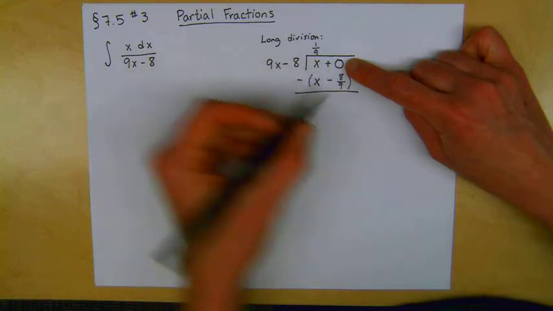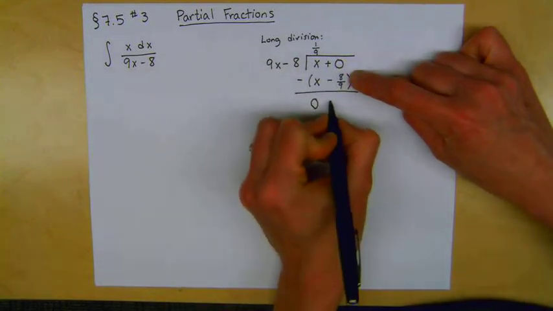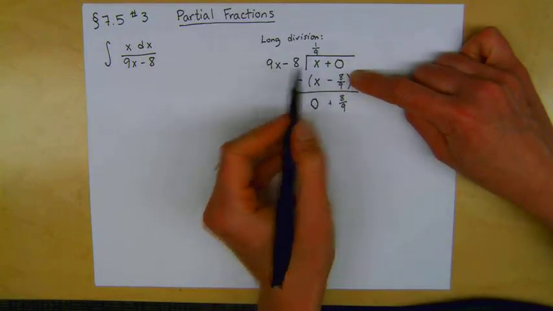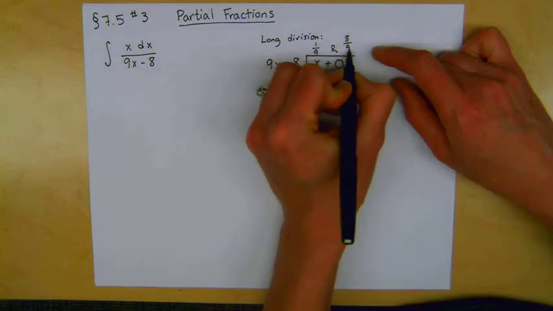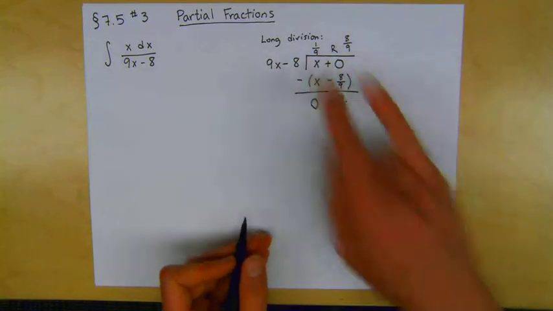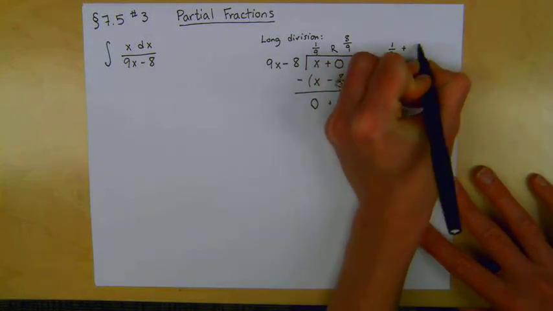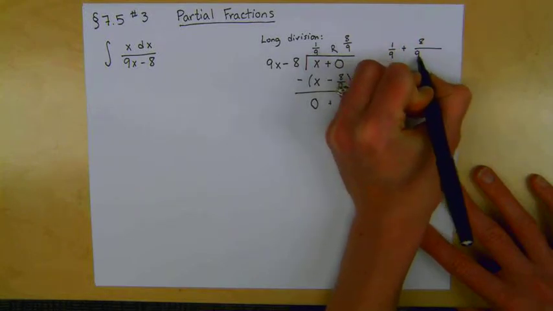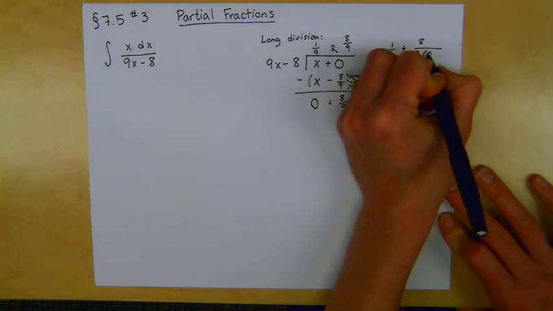So x minus x is 0, and 0 minus a negative 8/9 is 8/9, which means that this long division yields 1/9 with a remainder of 8/9. And so how do we write this? We'll write this as 1/9 plus 8/9 of 9x minus 8.